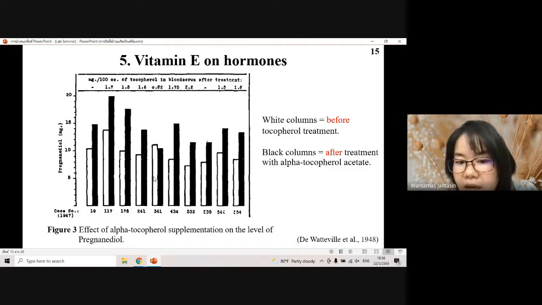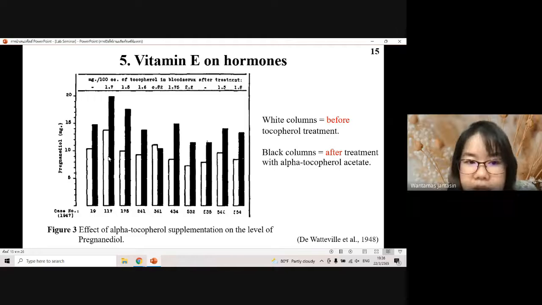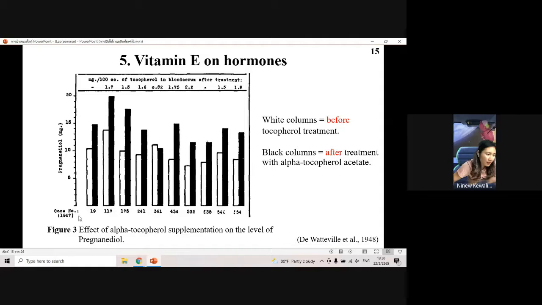Is this in the sow or not? Here it is in the human. They try to inject vitamin E to observe the level of progesterone. Oh, so the case number is the number of patients, I think. Okay. Yes.